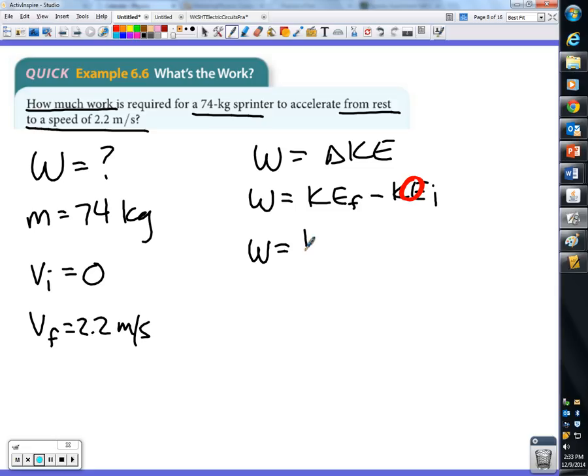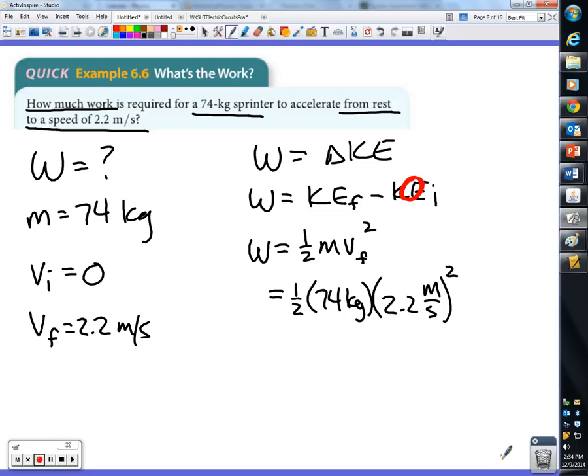We learned that the formula for kinetic energy is 1/2 mv squared. If we're specifically dealing with the final kinetic energy in this problem, we should use the final velocity. We start plugging in things we know. And if I remember correctly, 1709?